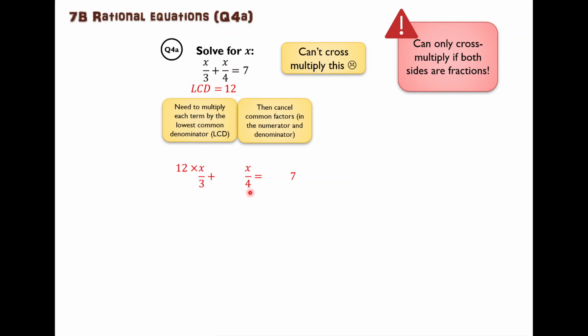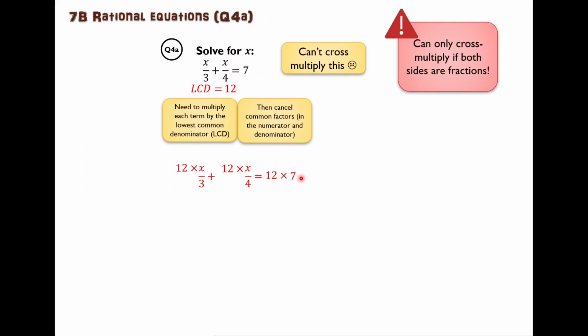This term, the x divided by 4, multiplied by 12. This term, 7, of course, multiplied by 12. This equation looks a lot messier than this one, but they are the same. They have the same solutions.